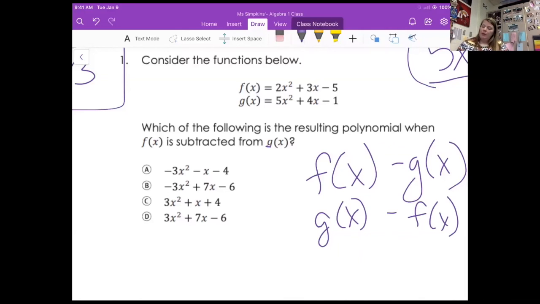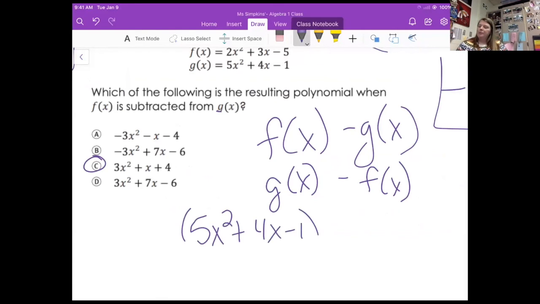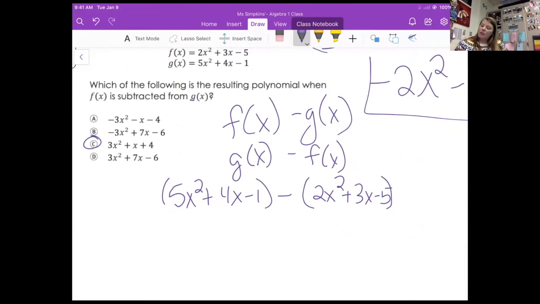So the first thing we want to do is take our g of x, 5x squared plus 4x minus 1. And we're going to subtract 2x squared plus 3x minus 5. So we want to take 5x squared minus 2x squared, which would be 3x squared.